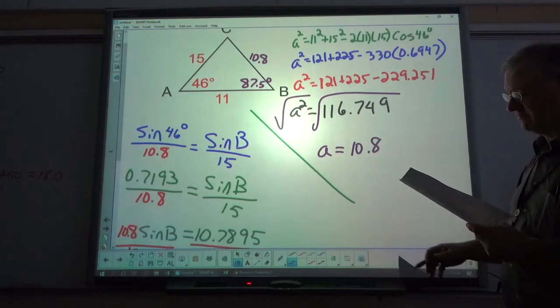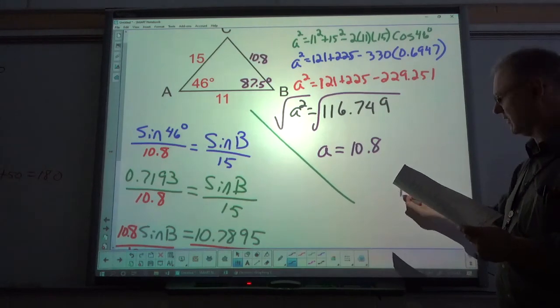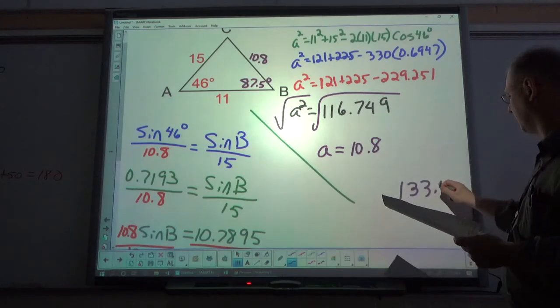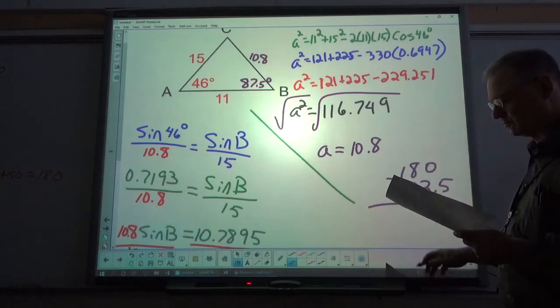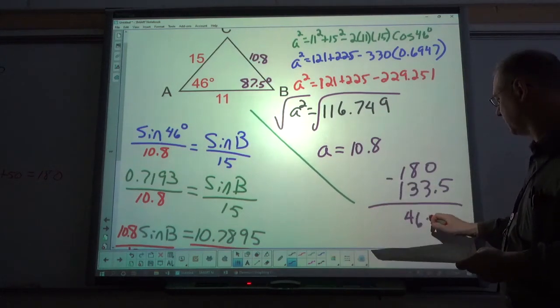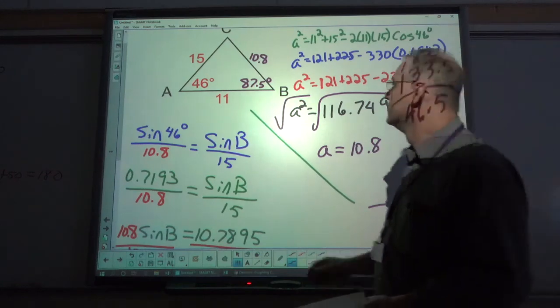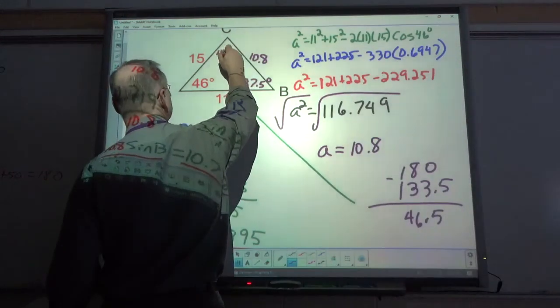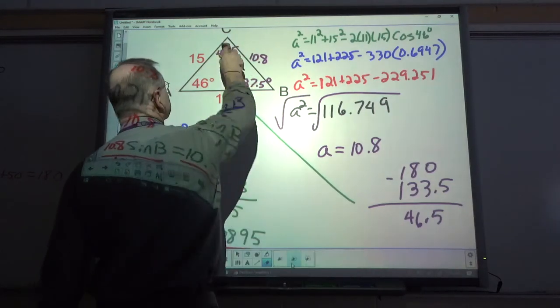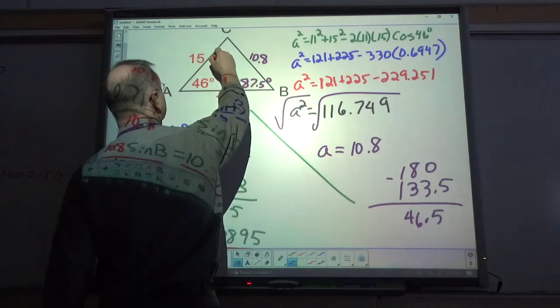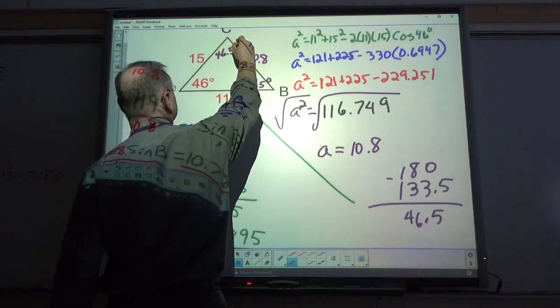46 and 87.5 would be 133.5. And when I subtract, I get 46.5. Wow, 46.5, that's horrible. Let me fix that. 46.5 degrees.